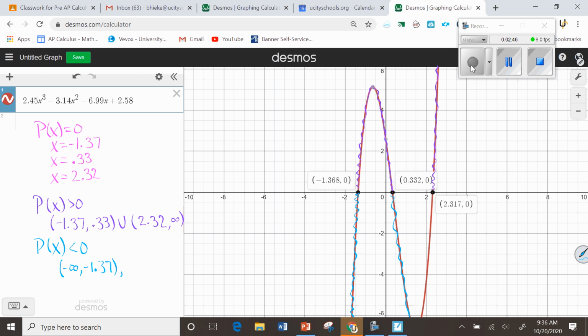All of this is below the x-axis. So then we're going to say and from 0.33 to 2.32. Keep in mind we're learning to read that notation. When I say the function is greater than or less than 0, I'm saying above or below the x-axis.